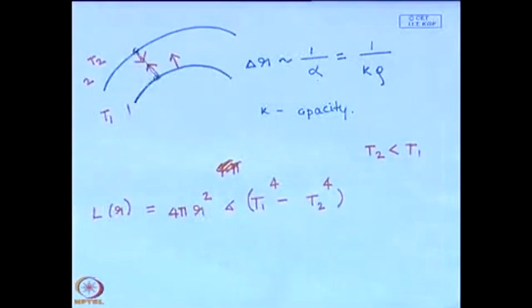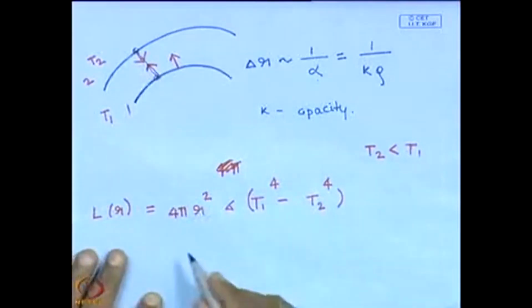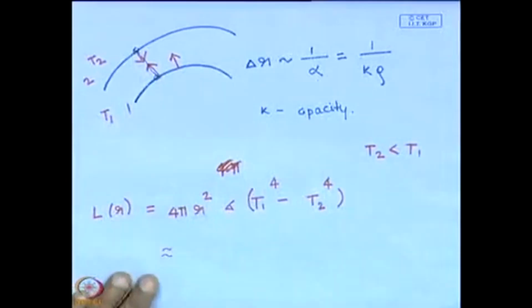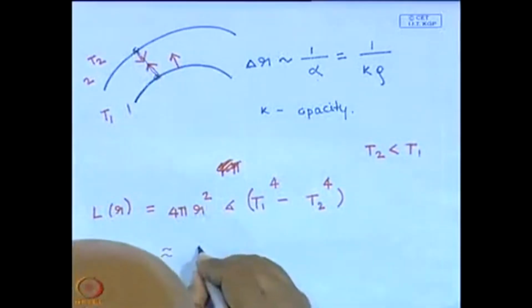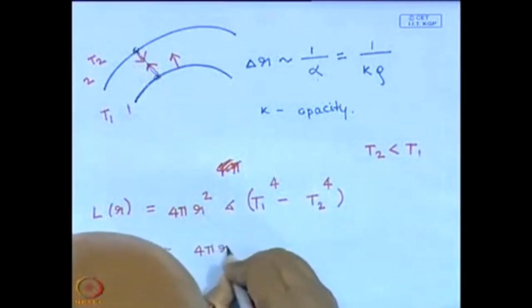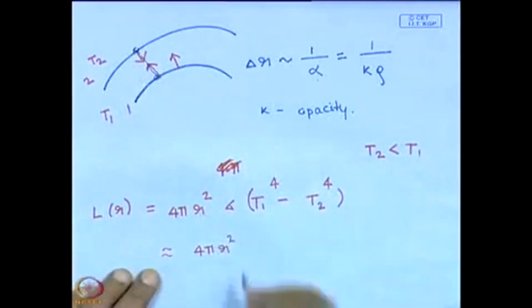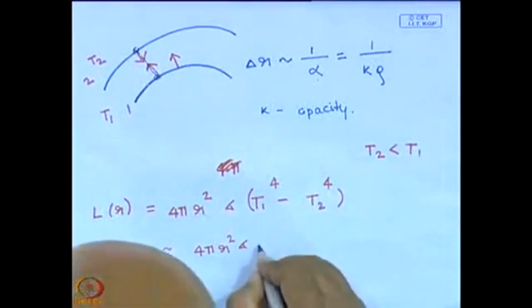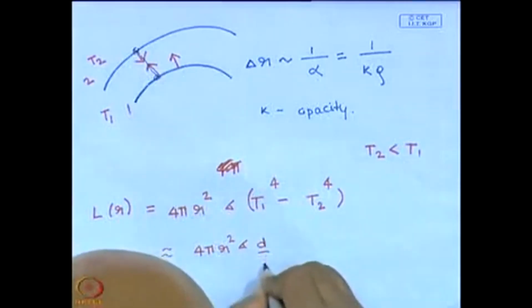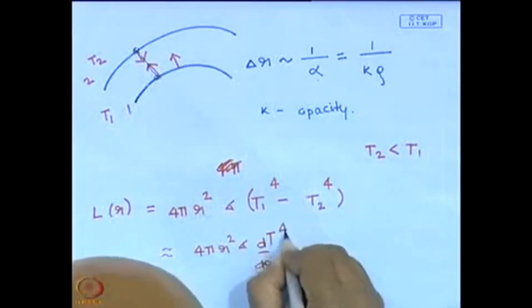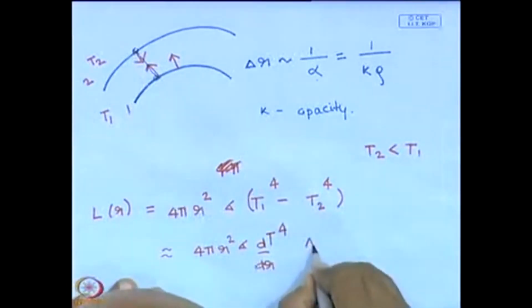Okay. And so, we can write this as approximately equal to 4 pi r square into sigma into the derivative of T to the power 4 into delta r.